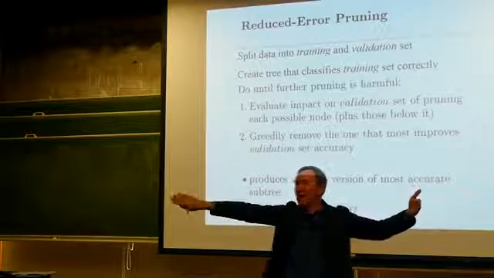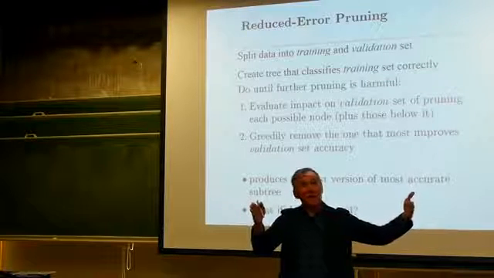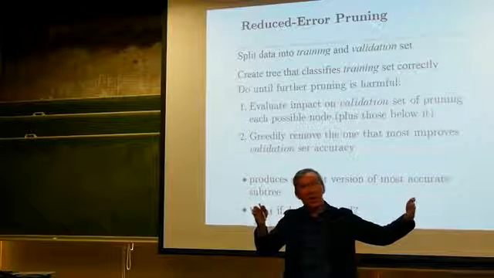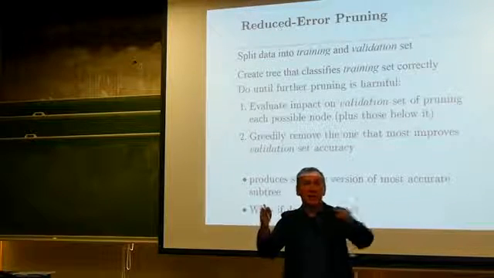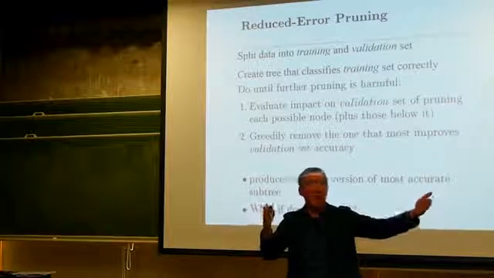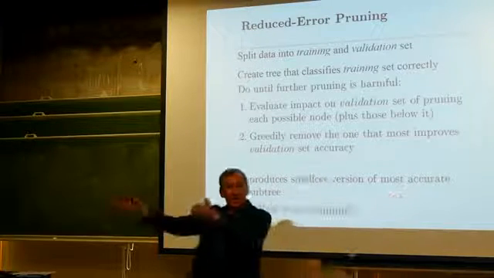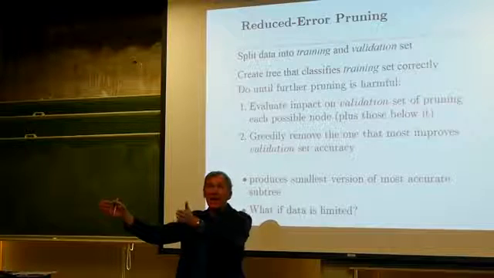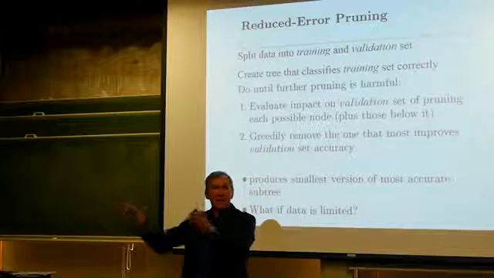And when I held out this validation set, they're labeled also. And so then I ask, how do I estimate the error rate? What I do is I just look at the fraction of labeled examples that are correctly labeled by the tree. And similarly, I look at the fraction of the held out validation set that's correctly labeled by the tree. Is that the question?